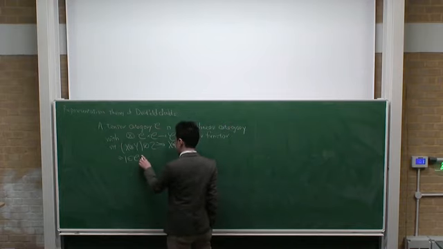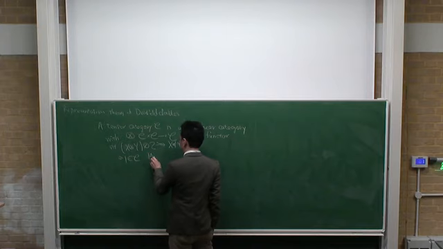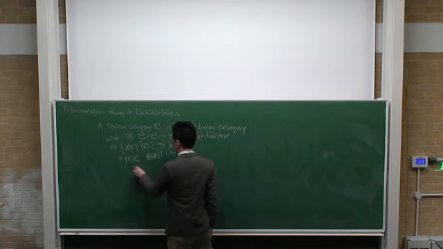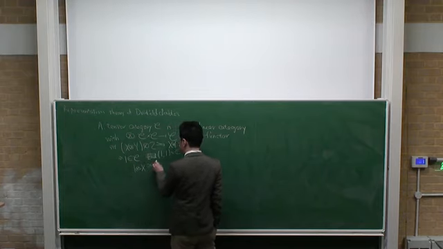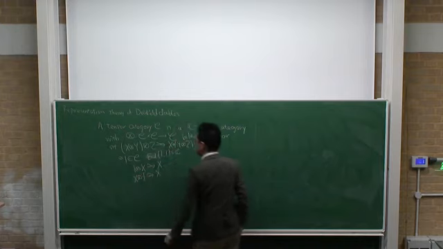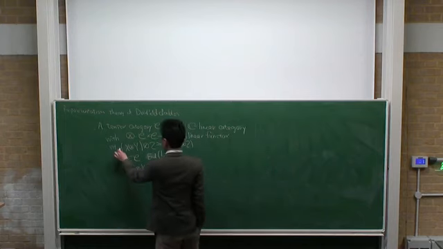Irreducible meaning that the endomorphism space is one-dimensional, and we have a natural isomorphism between this and the unit, with the usual properties.